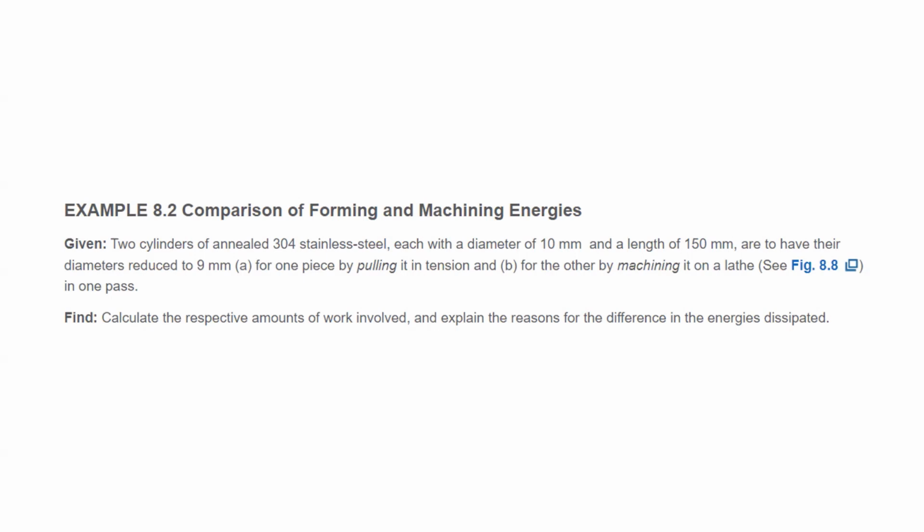So I want to do two things. The first one is pulling it in tension. This is the drawing. The second one is machining: you just use the lathe to turn and cut it. Calculate the respective amount of work involved and explain the reason for the difference in the energy dissipated.